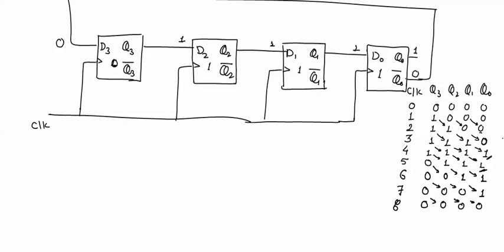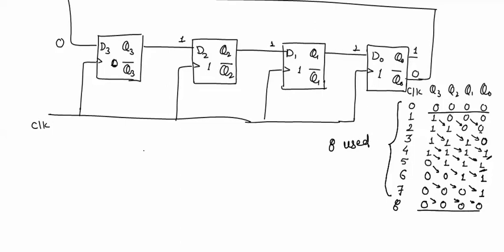Now we can see that this initial count and this count after 8 clock pulses are the same, which means repetition has started. So we can say that with 4 flip-flops, from 0 to 7, we have a total of 8 used states. After 8, repetition has started.